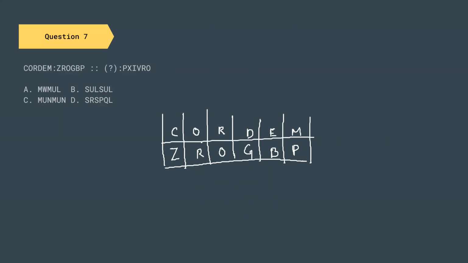So now let us try to find out a pattern. C minus 3 is Z, O plus 3 is R, R minus 3 is O, D plus 3 is G. So from this you have already guessed the pattern.